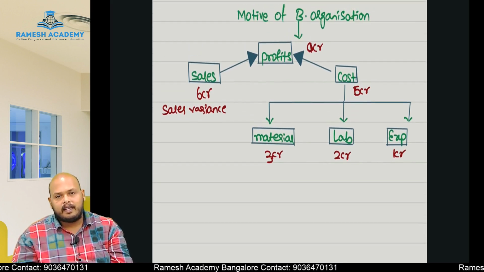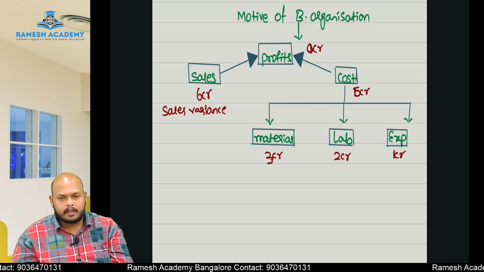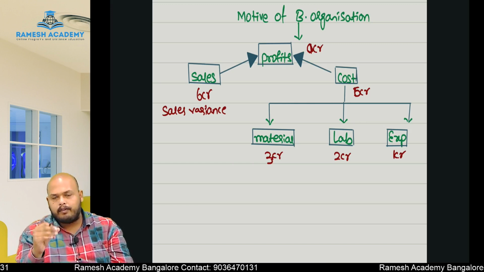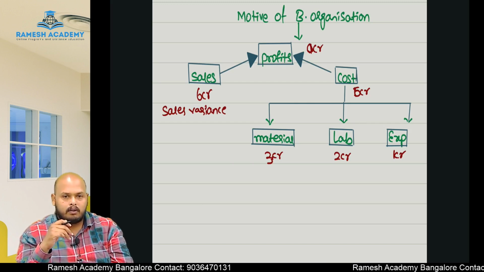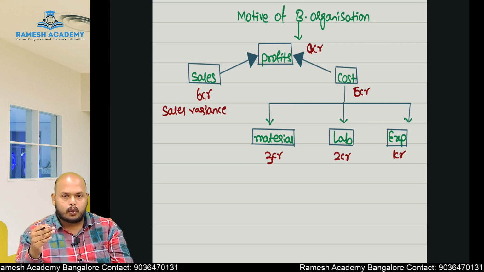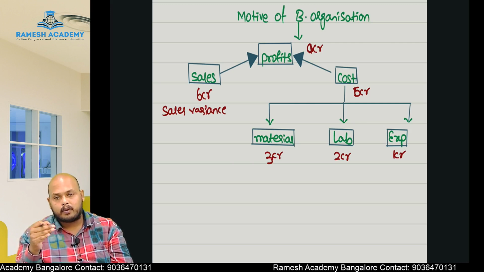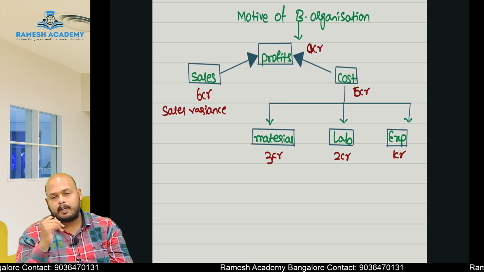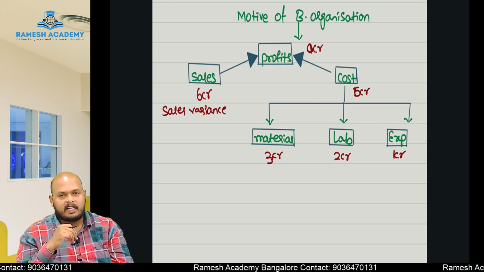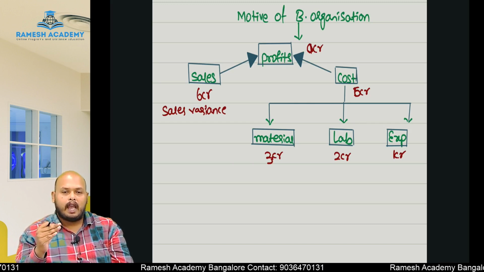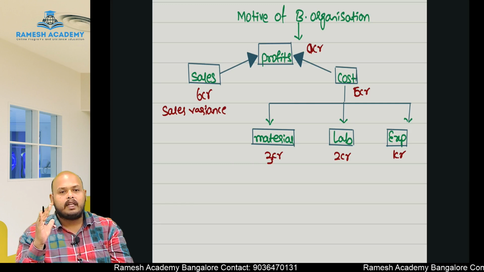Keeping all other elements constant, due to which element is the profit becoming 0? Because of material. Before, the material cost was 2 crores and now it has increased to 3 crores. Now the cost has become 6 crores and the profit has become 0. That means here, while analyzing, I have to analyze only the element material.